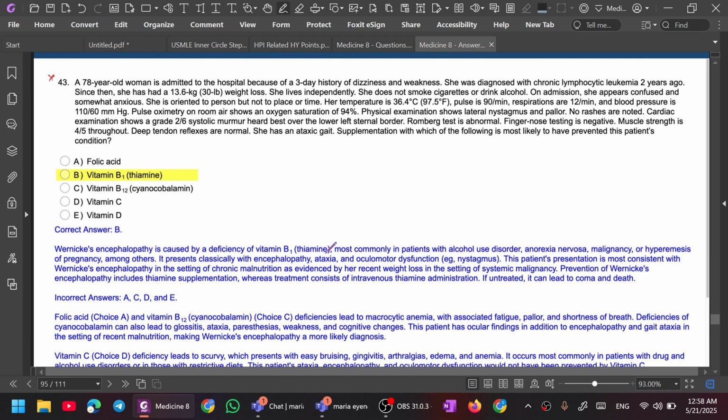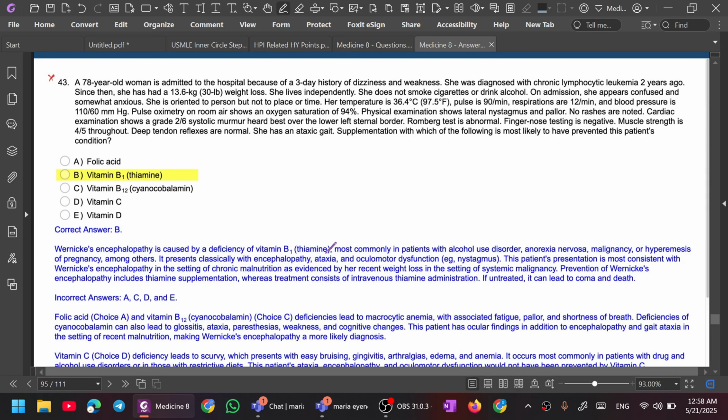But Romberg test is not for the columns. Romberg test is for any sensory ataxia. Okay, let's see. It's B1.